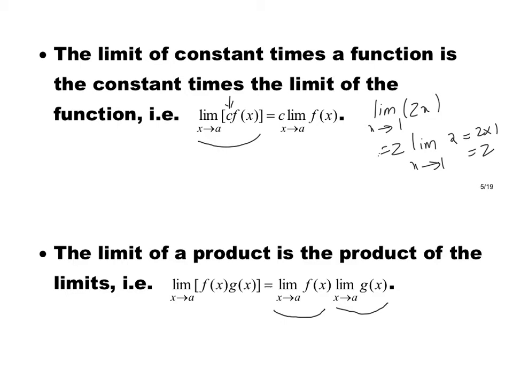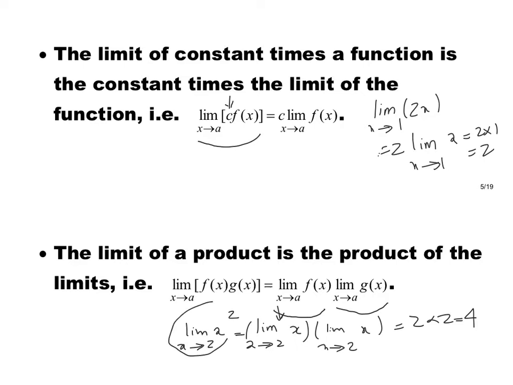Let me give you an example: the limit of x squared when x goes to 2 is the same as the limit as x goes to 2 of x times the limit as x goes to 2 of x. The first limit here gives you 2. The second one gives you 2, so the answer is 4. And if you look at the original one here, you substitute x equal to 2, you get 2 squared, which is going to give you 4.